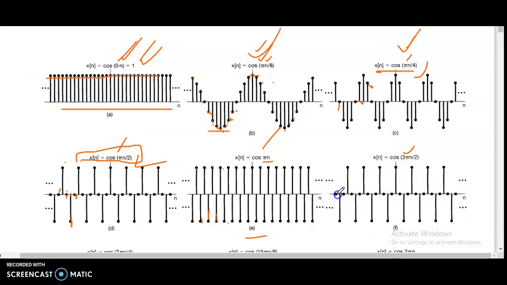So 0 minus 1, 0 plus 1, 0 minus 1. What is happening in between? x of n equal to cos of pi n divided by 2. x of n equal to cos of 3 pi n divided by 2.